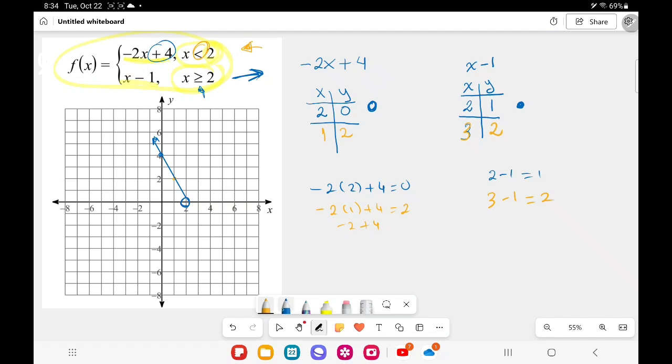So first a closed circle at the boundary. When x is 2, y is 1. And I have another point, 3, 2. I will connect. And I have this portion of my piece function.